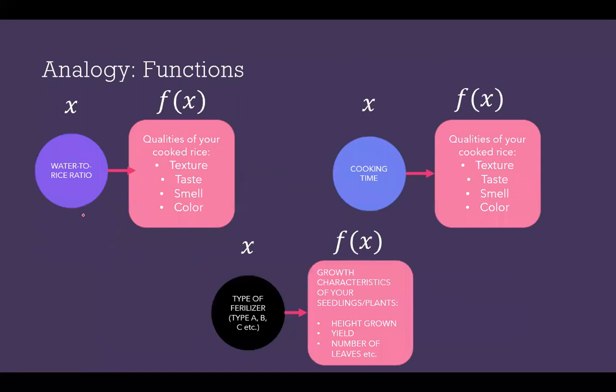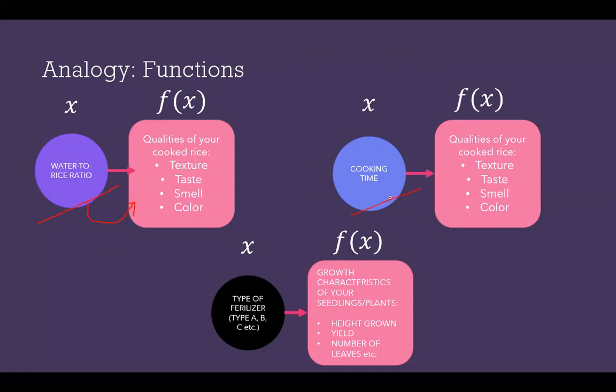So from here, let's say from the previous examples, the water, if you want to look at the effect of the water to rice ratio, we would want to look at the effect of water to rice ratio, you declare water to rice ratio as independent on the qualities of your rice.